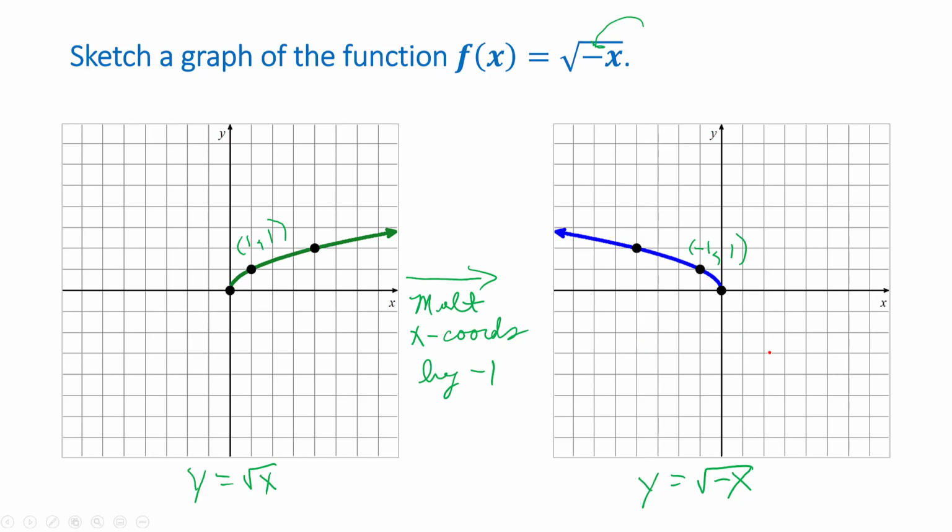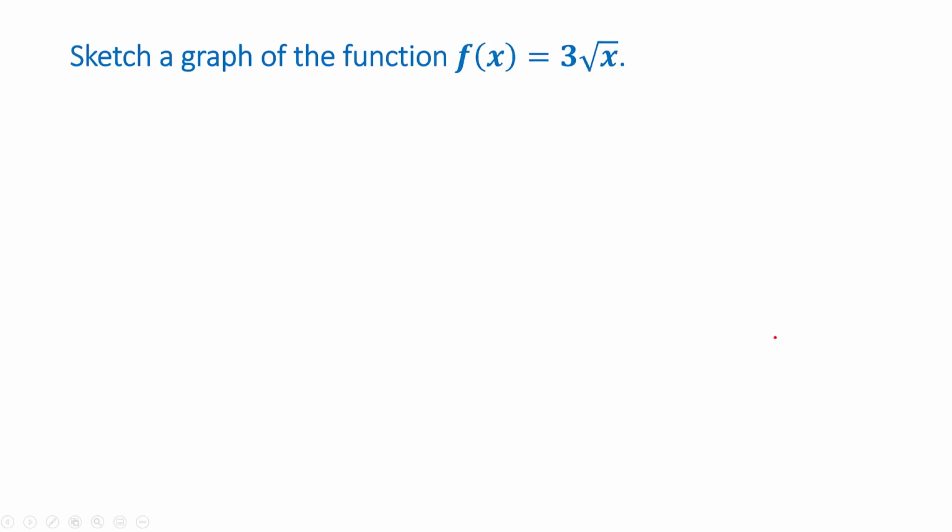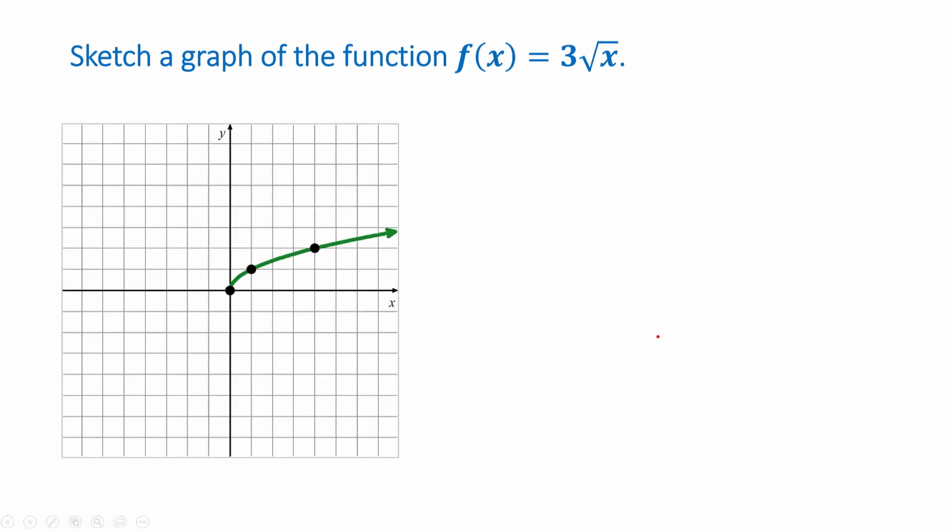Okay. Let's move on to vertical scalings. These are transformations that stretch or compress a graph in the vertical direction. And the first one we have is f of x equals 3 times the square root of x. Again, we'll start with the parent function, y equals square root x.